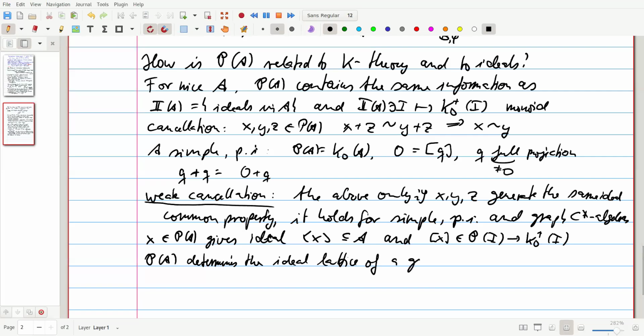Okay, so the upshot is that this monoid P of A is actually determining the ideal structure of a graph C-star algebra at least. In general, you would need to know that there exist enough projections so that every ideal is generated by projections. When I say ideal, I probably have to be more precise: the gauge equivariant ideals. So in general, you get those ideals which are generated by a projection or by a set of projections, maybe.